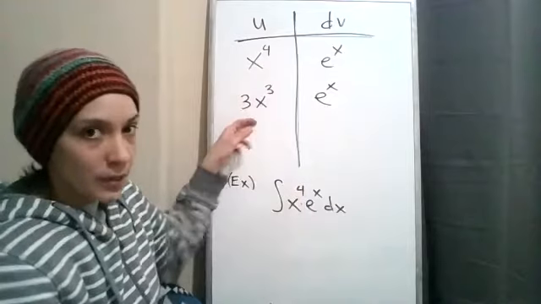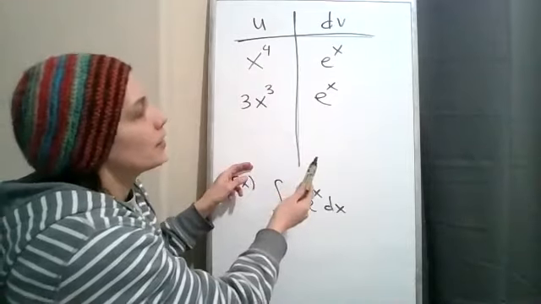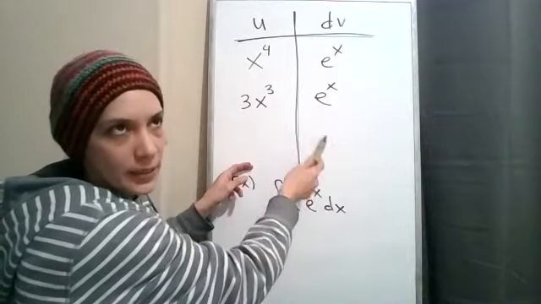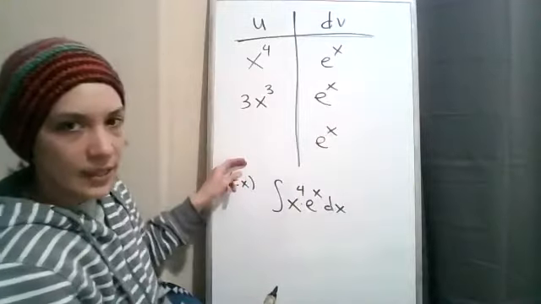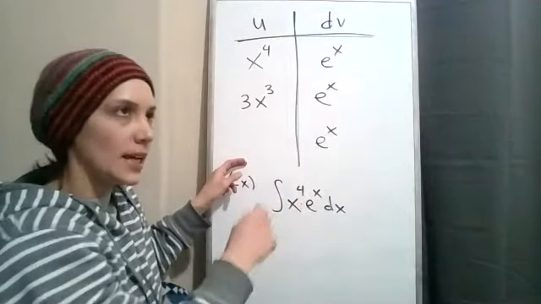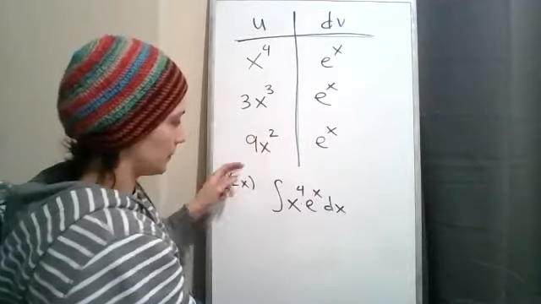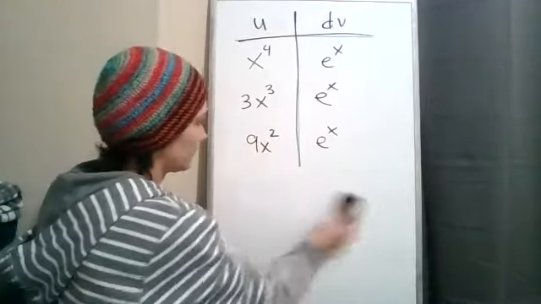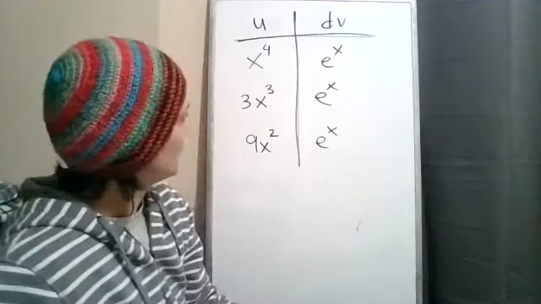Okay, then we do parts again, but this is just organized scratch work. So integrate here, that would be e to the x. Derivative on that side, so 12x squared. Actually, a mistake has happened.